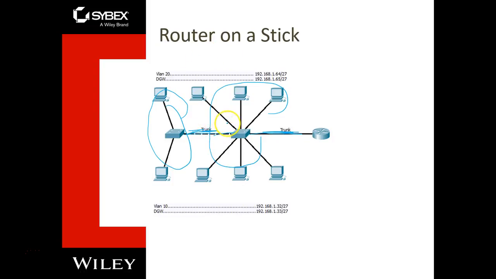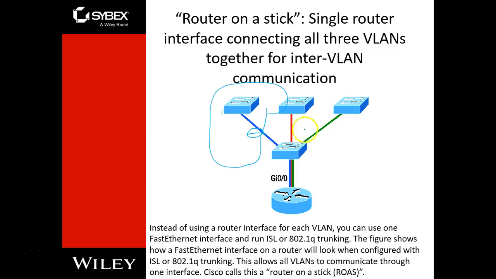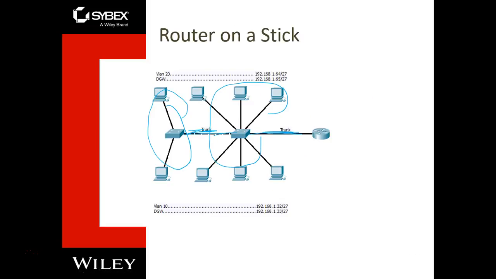Trunk port's got all the VLANs on it. And we connect it to the switch and make this a trunk port. And by configuring the router with an encapsulation protocol, 802.1q, it becomes a trunk port.